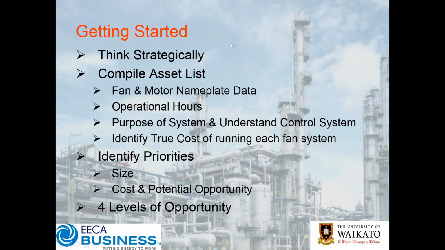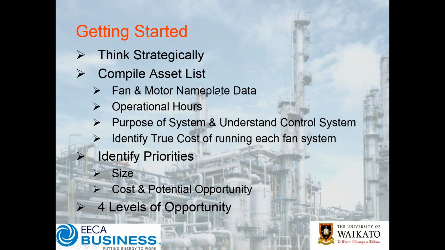Now, as we do that, we have to start thinking strategically, where are our assets? How many hours are they run? We want to be focusing on the plants that are running for quite a few hours as opposed to a few hours. What's the purpose of our system? Do we understand the control system? Is the control system effective? Is that what we need to address?